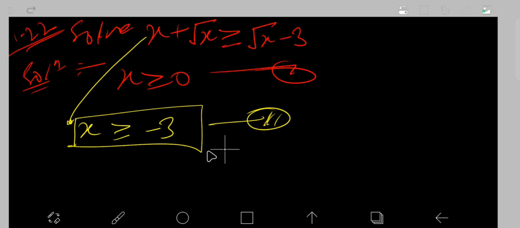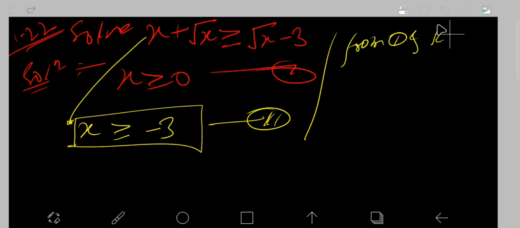Sir, how did you get x greater than minus 3? When we add minus root x on both sides, the root x and root x cancel out. So we have two conditions here. From 1 and 2, x is greater than or equal to 0 and x is greater than or equal to minus 3.